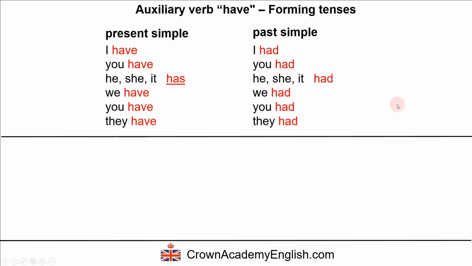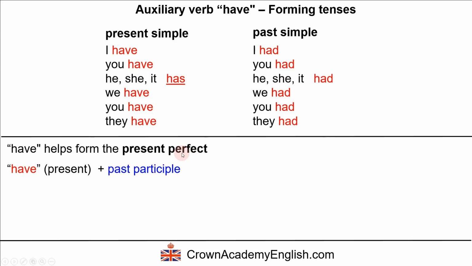So let's now form some other tenses with the auxiliary verb have. So have helps form the present perfect. The form of the present perfect is have in the present tense followed by the past participle of the main verb.